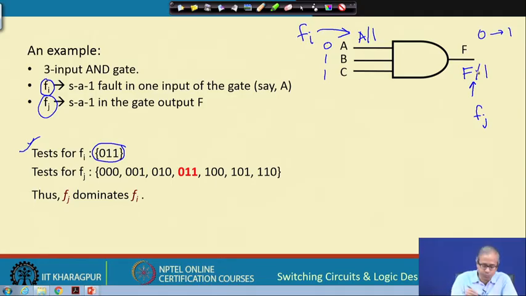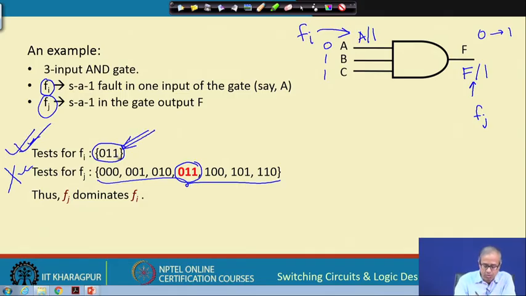But for output F stuck at 1 fault, there can be many test vectors possible. Any test which makes the output 0 will be a test for F j, because normally the output will be 0, and with F stuck at 1, the output will become 1. Out of these you see 0 1 1 is also there. So, what I am saying is, if such a pair of faults is there, you remove F j from the list, because if you keep F i, this 0 1 1 test will be included anyway, and 0 1 1 is also a test for F j.